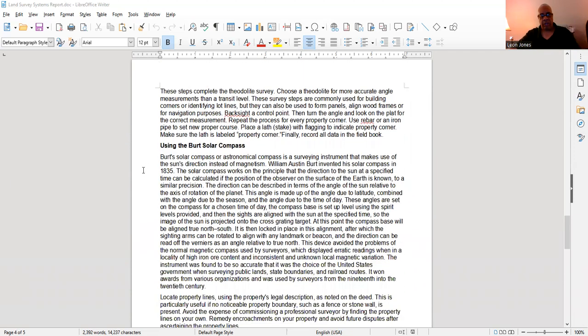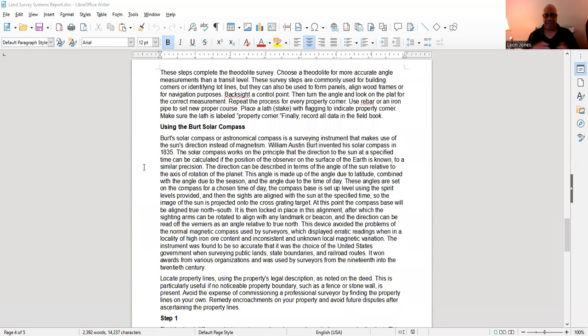Now, if you go back to using the Burt solar compass, well, you're going to utilize the sun, and the direction can be described in terms of the angle relative to the sun or relative to the rotation of the planet. And the angle is made up of the angle due to latitude combined with an angle due to the season and the angle due to the time of day.